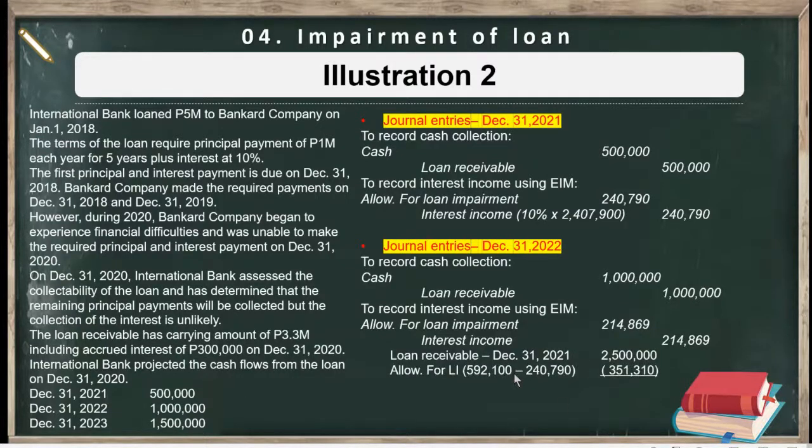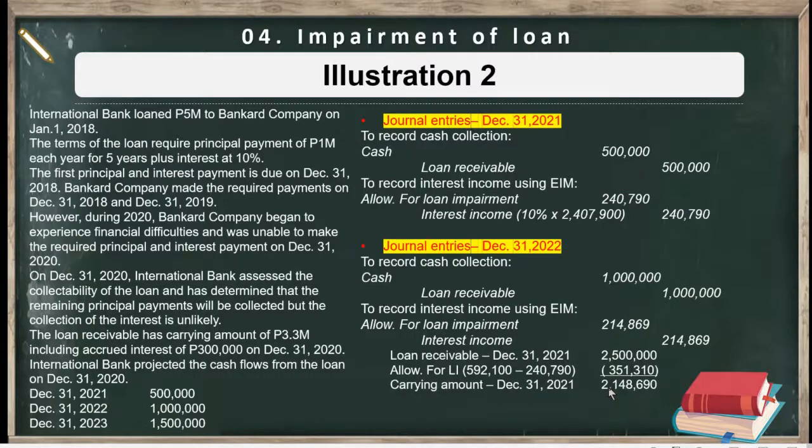And then deduct the allowance for loan impairment. So that's from 592,100, minus the amount already amortized, 240,790. So the balance is 351,310.